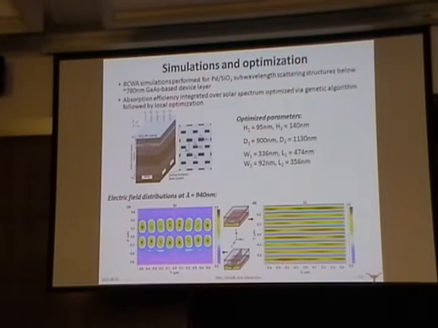Okay, these are the values that you get for the different dimensions. Now the specific values here are not important, and in fact they're not unique. Right, there are many different combinations that will give you about the same results. The thing to note here is that the period of this structure down here is on the order of a micron. All right.